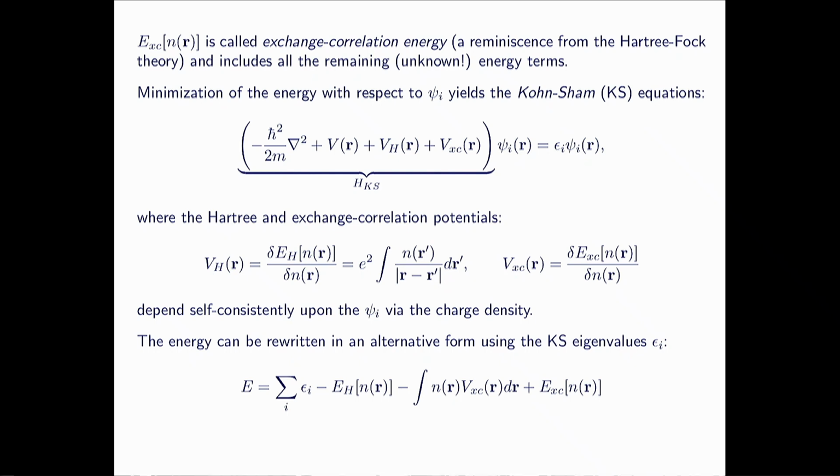And this is an alternative way to rewrite this energy as a sum of our Kohn-Sham eigenvalues. Those quantities here are called Kohn-Sham energies or Kohn-Sham eigenvalues. You see that it's a sum over occupied orbitals, so the orbitals that contribute to the charge density, minus double counting terms like this one for electrostatic energy.